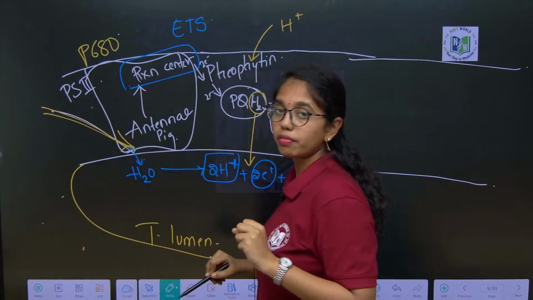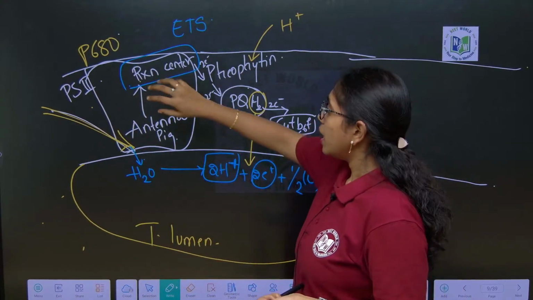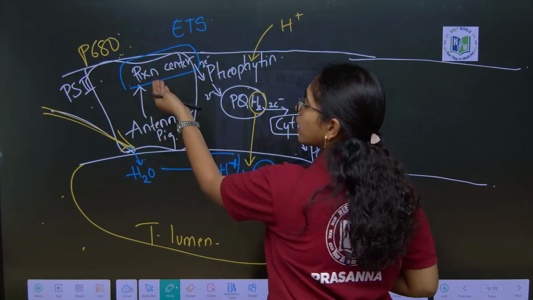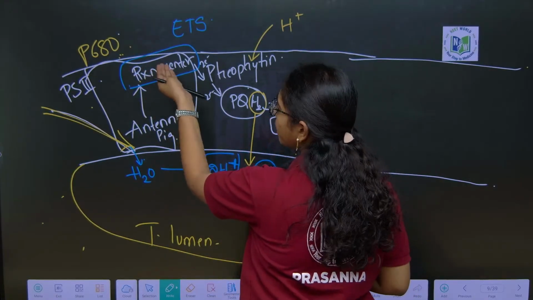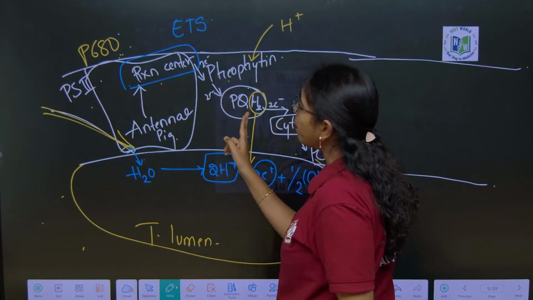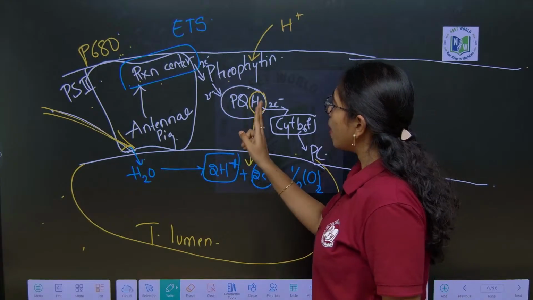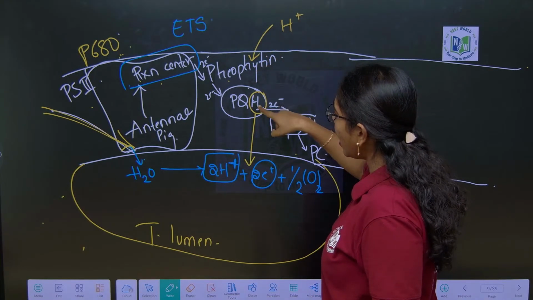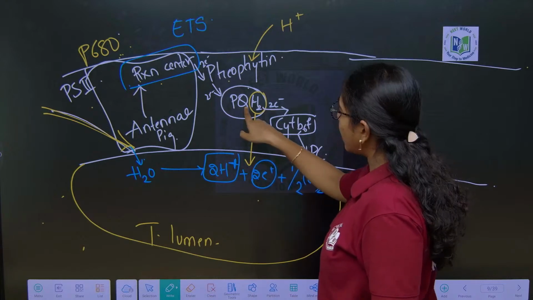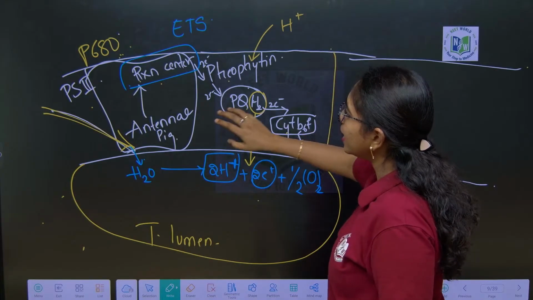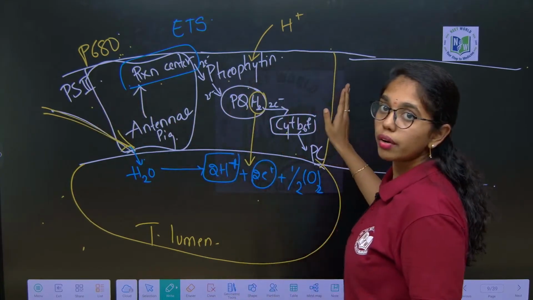The maximum wavelength of light of the reaction center is P680, and once the electrons are transported here, the primary electron acceptor is pheophytin, that gives to a proton carrier, that is PQH2, which again takes the protons from stroma and delivers to lumen. Next to cytochrome B6F, next to plastocyanin. Till here photosystem 2 will be done.